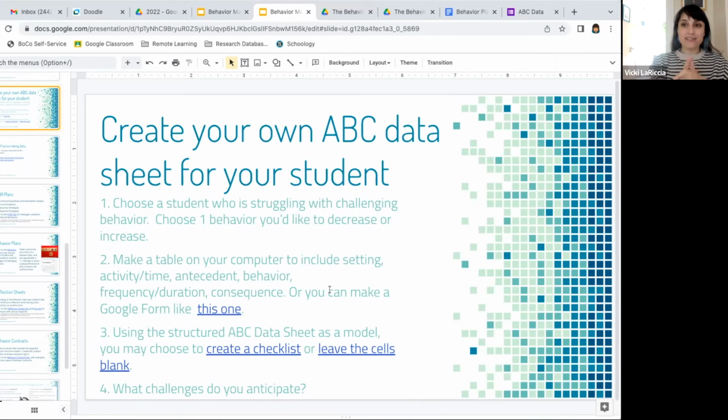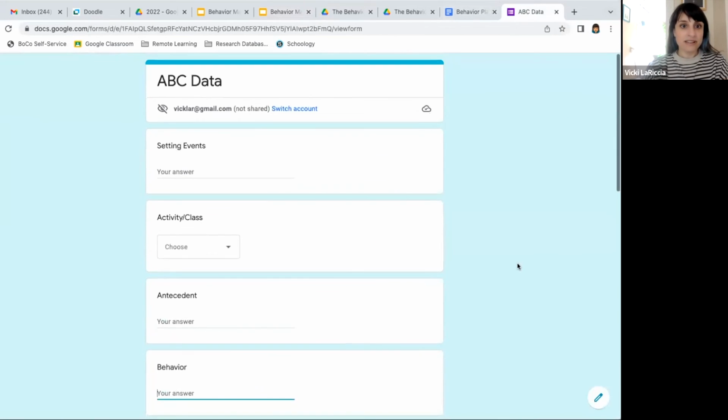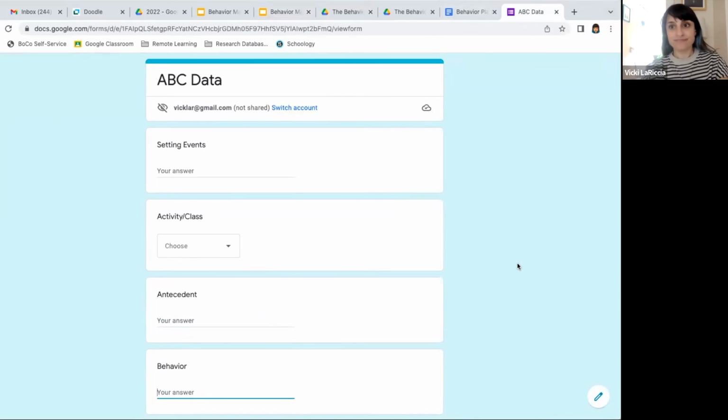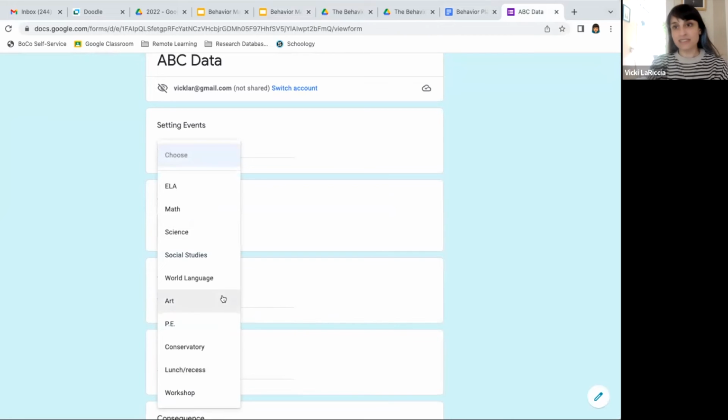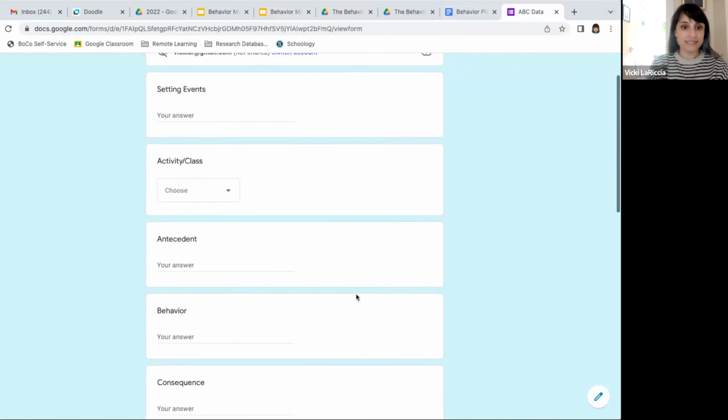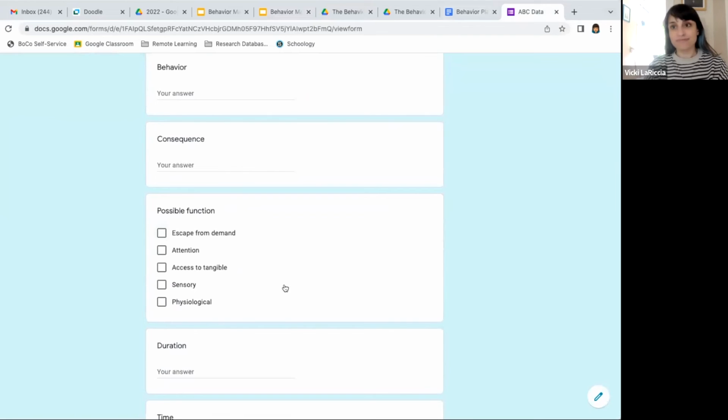So if you're old school and you like paper, you can just create a table like the ones we were looking at for Stan and Juanita, but you can also use a Google form, which I showed the 101 level people. If you like opening up your laptop and quickly entering in information, you can create drop-down menus like this or checkboxes so that you don't have to type anything and it's just a lot faster.